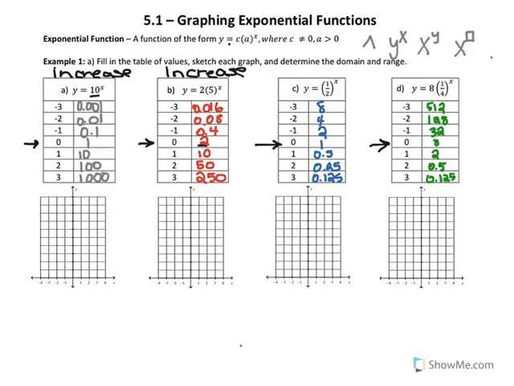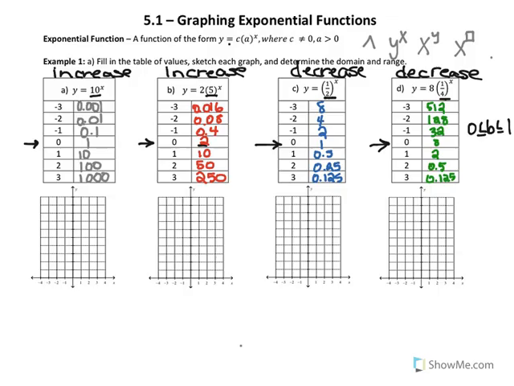And what determines it is this 10 and this 5. The next two start big and get small, so they are decreasing, which is called exponential decay. And the reason why they are decaying is because this b value is between 0 and 1. So it's a decimal between 0 and 1.